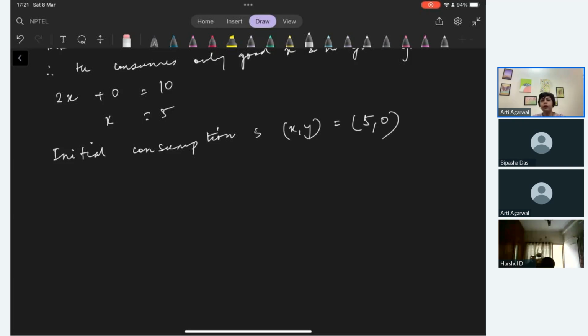Okay, so far all we have done is find what is happening in the initial case before the price changes, and what the initial consumption is. So initially the consumer is consuming good x in entirety.